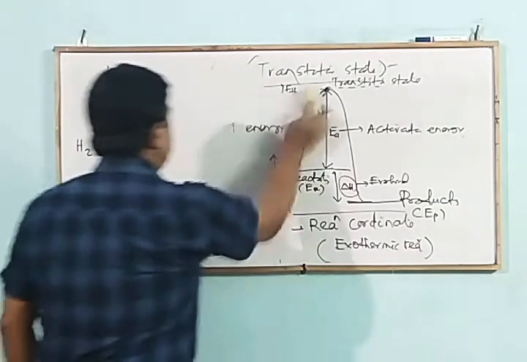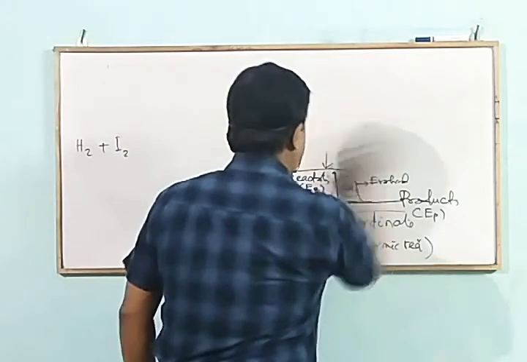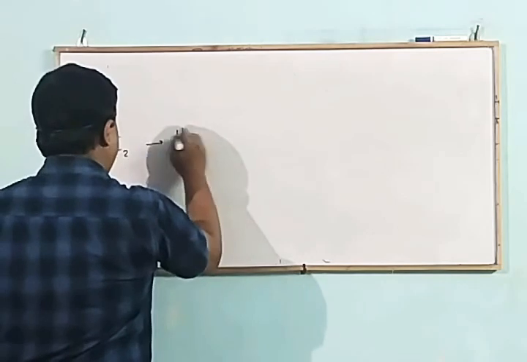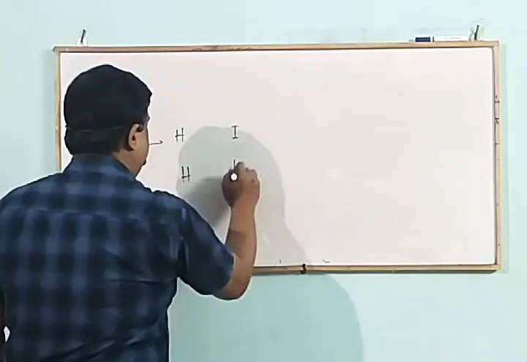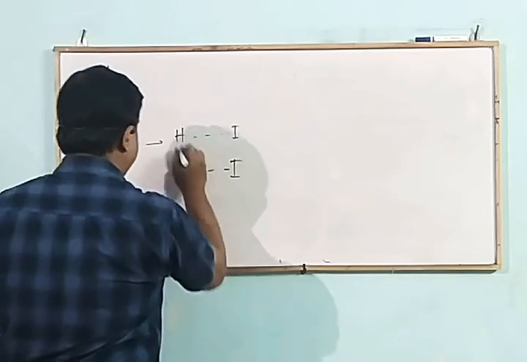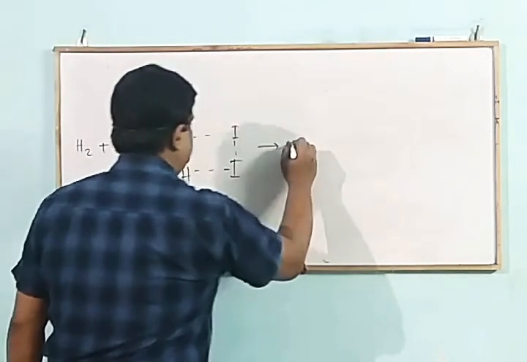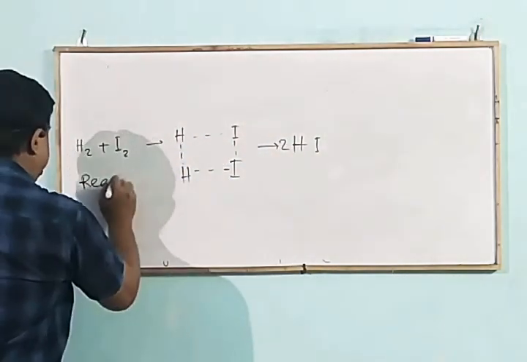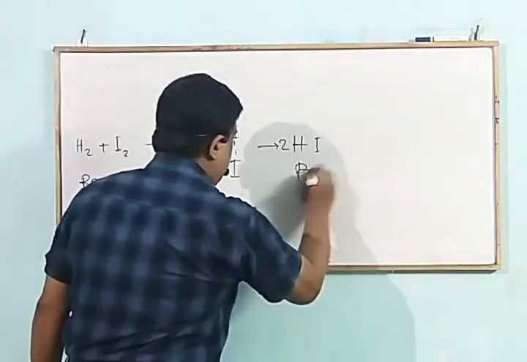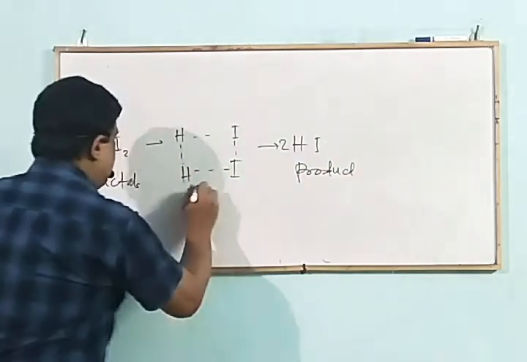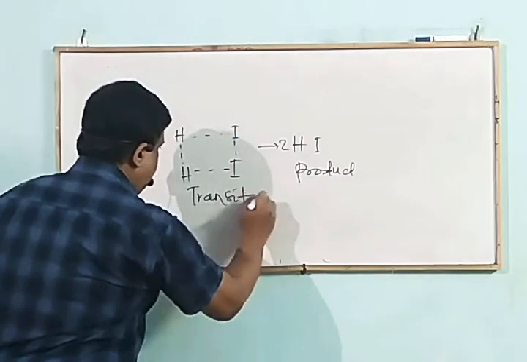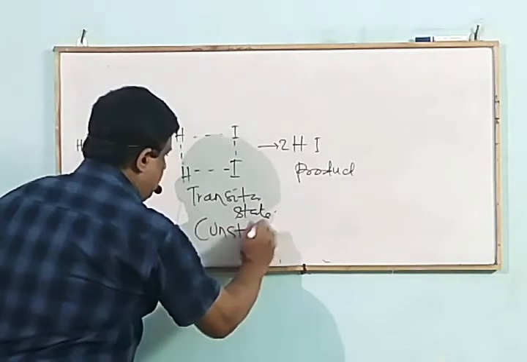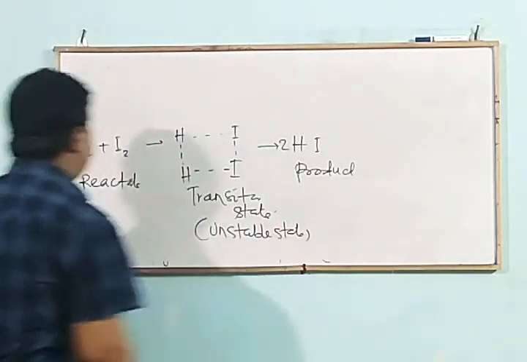Mark that. When hydrogen combines with iodine, one transition state is there, that is H-I, H-I. It is the reactant. It is the product. It is the transition state, an unstable state. Mark that.